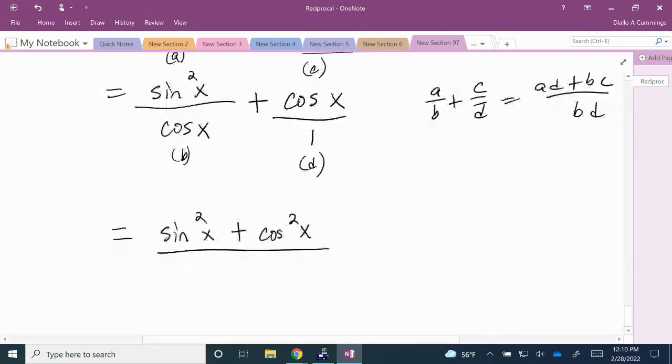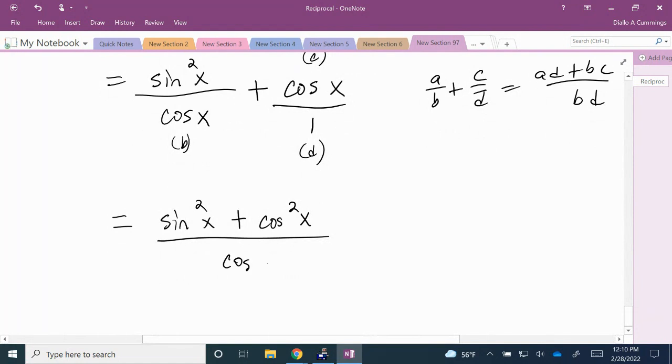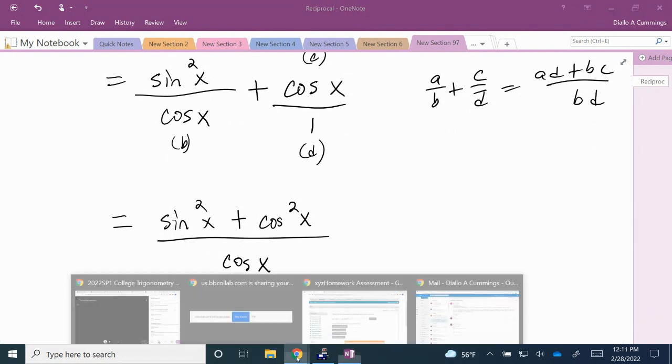Cosine x times 1 is cosine x. All right. Now we can actually simplify this a little bit further. If you look closely at the numerator, we can substitute sine square x plus cosine square x.